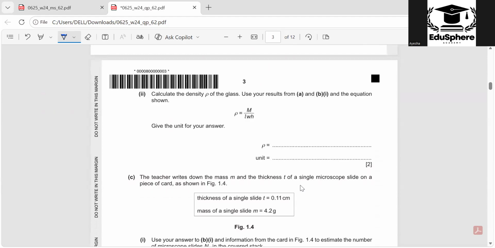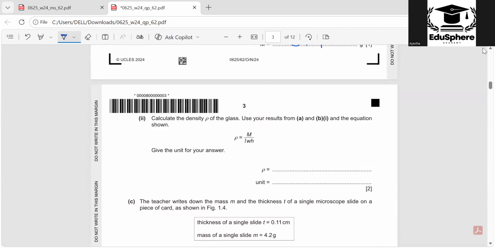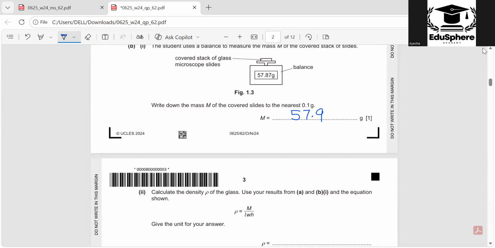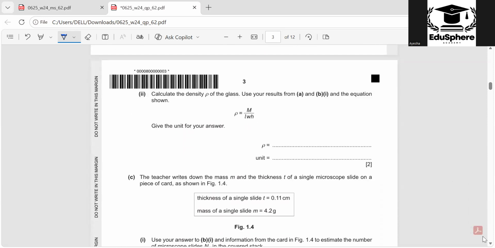Now moving on to the next part. Calculate the density of the glass. Use your results from A and B part 1 and the equation shown. The mass we have already calculated as 57.9, so we replace the mass with 57.9.